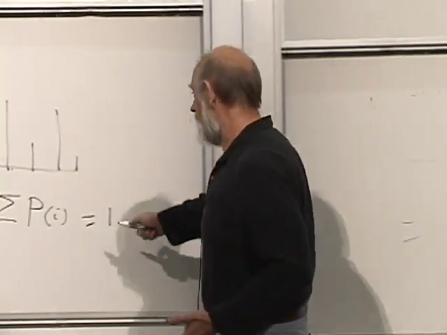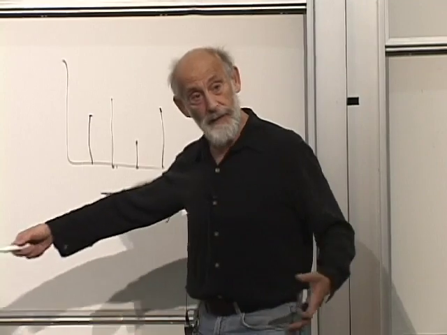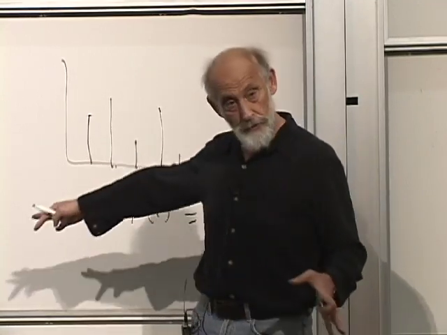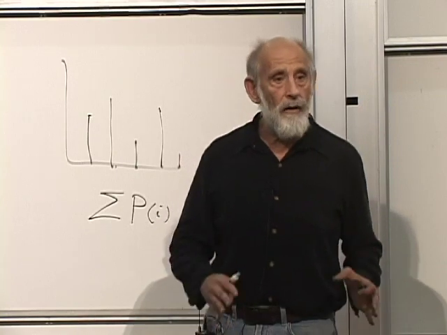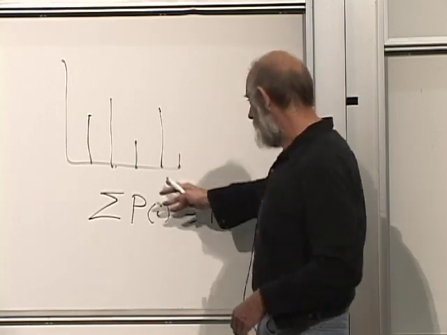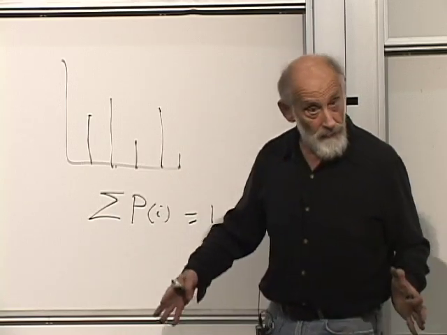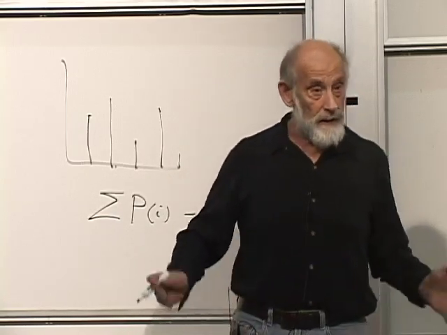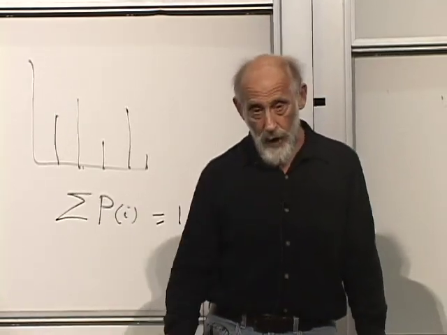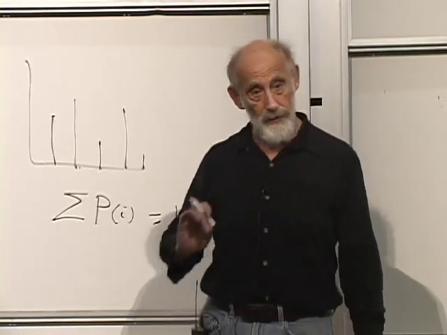Just some function of I. Well, I could be an integer. I, of course, could be many, many variables. I've drawn it as one variable, but it could be a multi-dimensional space. Some function, some quantity which depends on the state of the system. Could be the energy. It could be anything that you like, any property of the system which, if you know I, you know the value of that property.